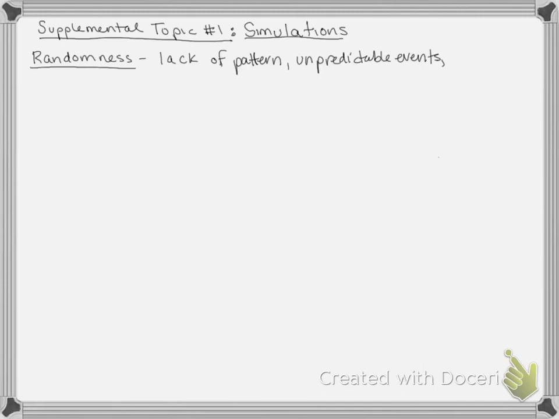And one of the things that truly randomness has that some people forget about is each outcome is equally likely. So for something to be truly random, and we don't know what outcome is going to pop up, then all the possible outcomes that we could have at the end of this event would be equally likely to occur.